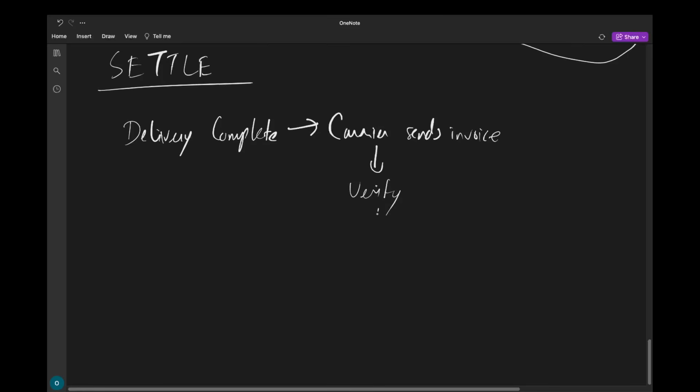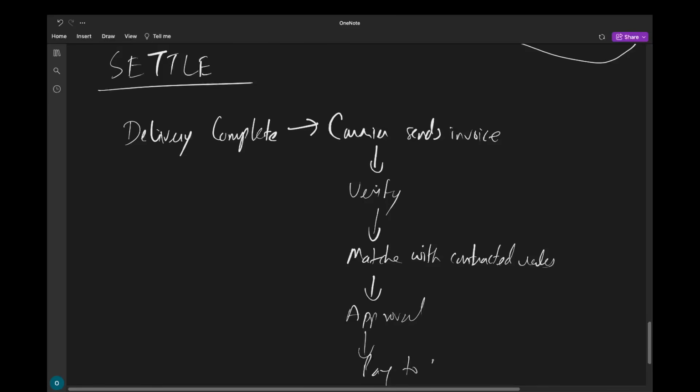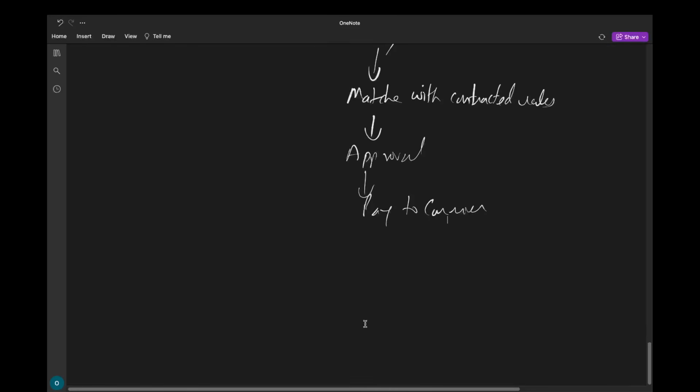Then this invoice will be matched with the contracted rates. It will be approved for payment and then paid to the courier. So these processes come under settlement.